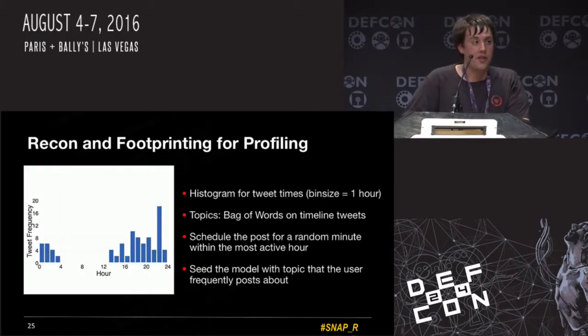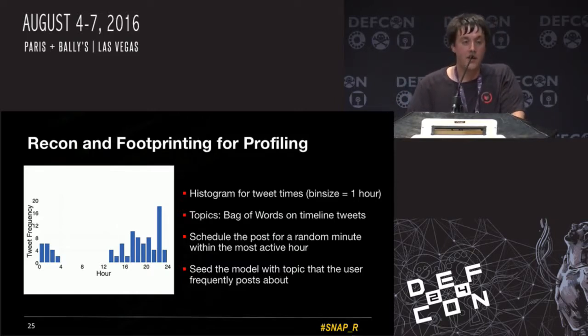Finally, another thing the tool does in the box is some basic recon and profiling. Two things it does: it figures out what time the user is likely to engage with the platform, and it looks at what topics they're interested in and tries to create a tweet based on one of those topics.